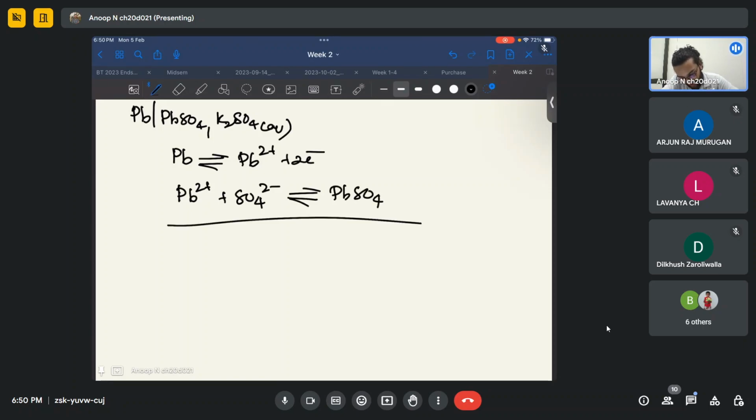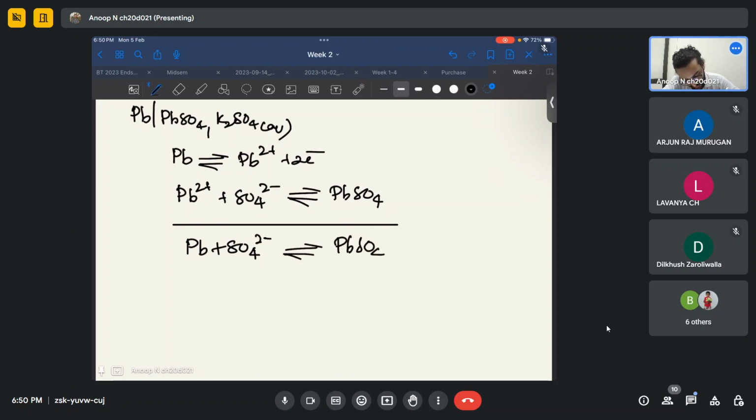Similarly, the overall reaction will be Pb plus SO₄²⁻ gives PbSO₄ plus 2 electrons. Fine.